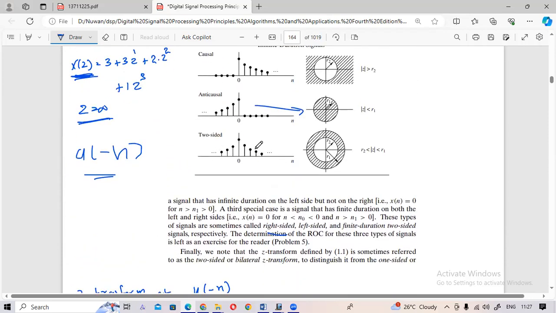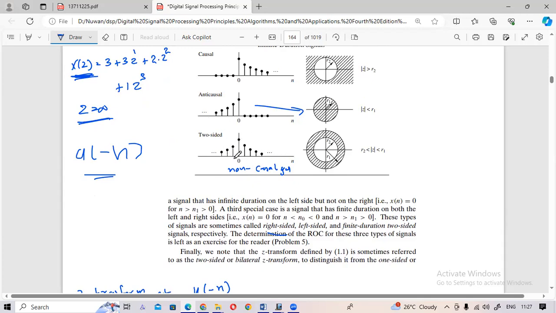As I can remember, these signals are referred to as non-causal signals. I think it is correct. A non-causal signal is a two-sided signal: the plus side is causal and the minus side is anti-causal.